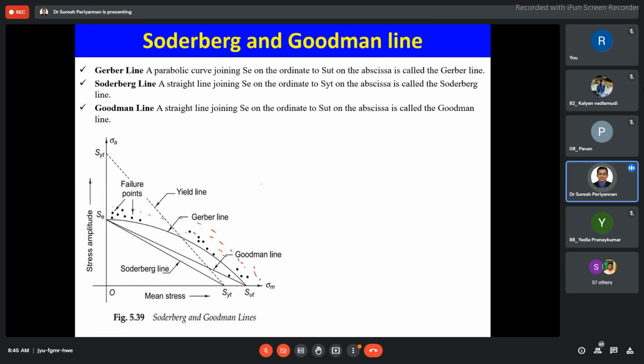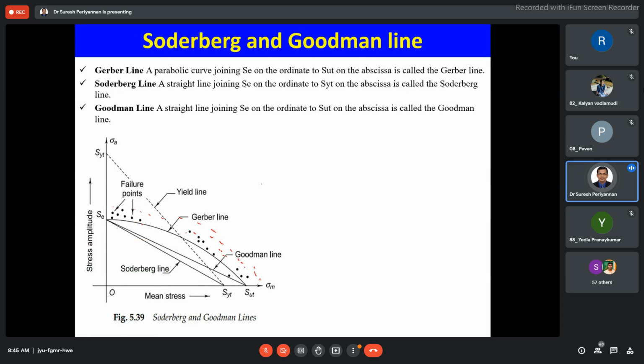These three persons defined, based on their concepts, a safe region of interest and an unsafe region of interest. Earlier, when both stresses, sigma m mean stress and sigma a stress amplitude, were acting, the points on the SN curve were dispersed here and there, and we couldn't optimize it.